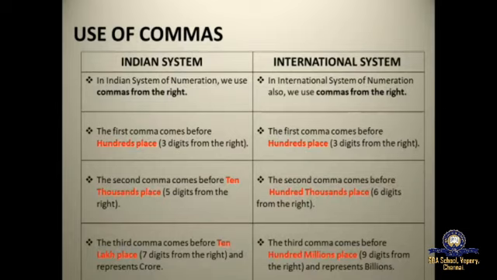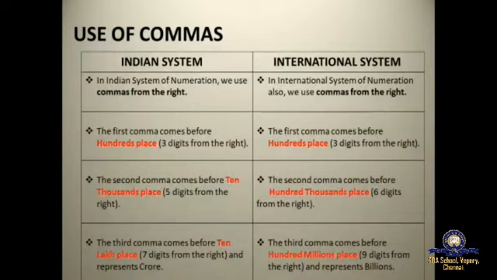That is ones, tens, hundreds, thousands, 10,000s, and 100,000s place. But in Indian system, it comes before 5 digits, that is ones, tens, hundreds, thousands, and 10,000s. Now the third comma comes before the 10 lakhs place in Indian system.